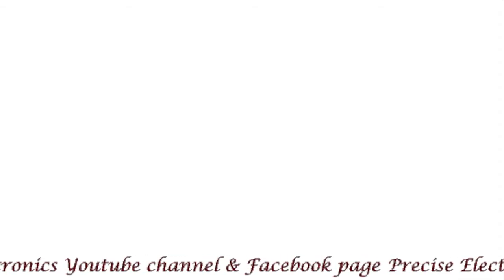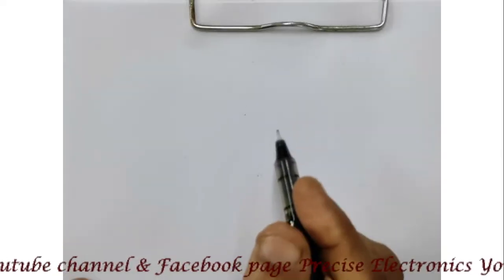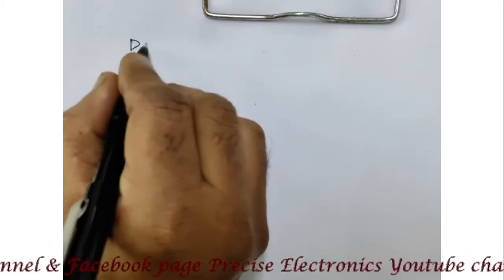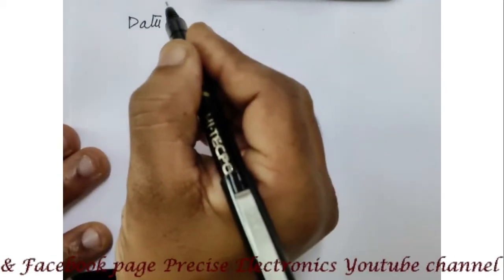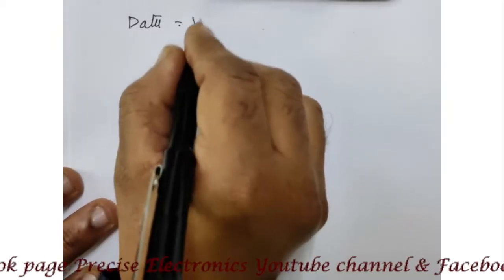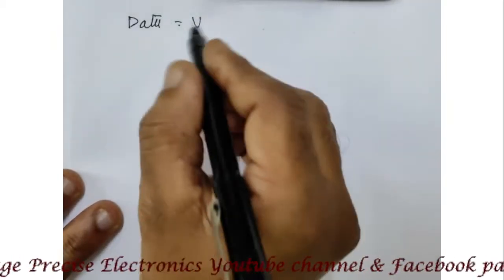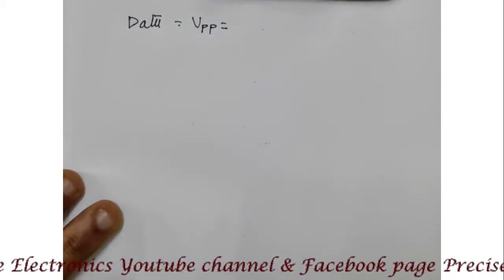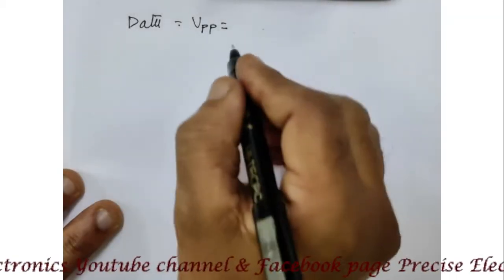So friends, data. What is data? Vs. Actually in this case center tap transformer is used. So VPP is given, peak to peak voltage, and that is 50 volt.